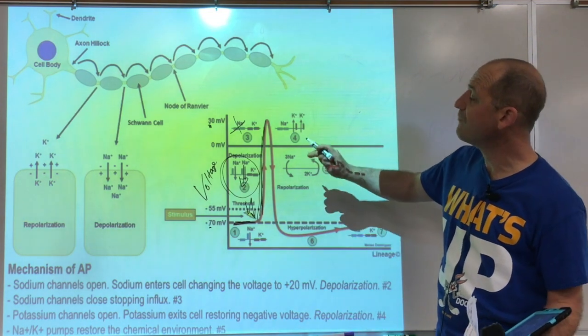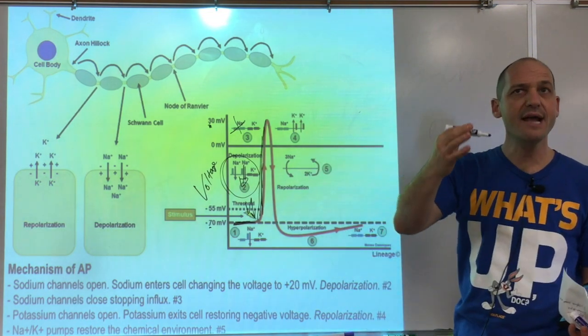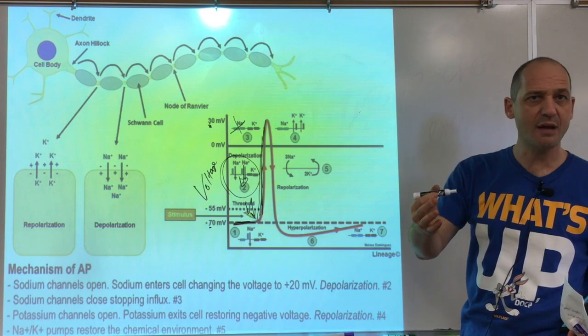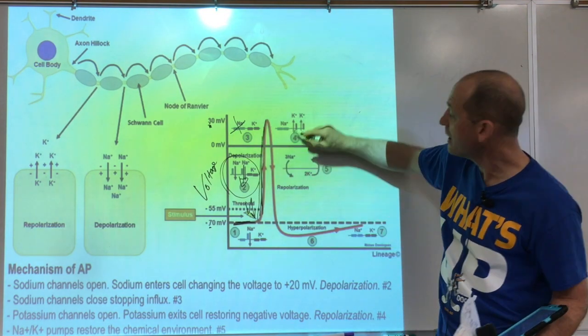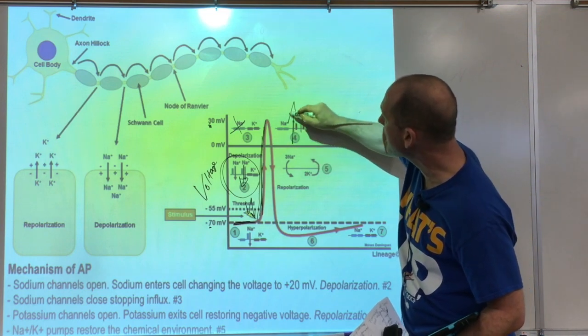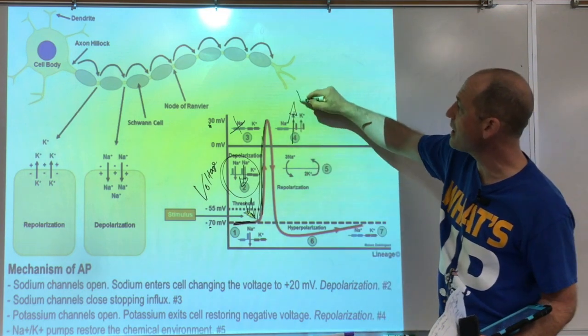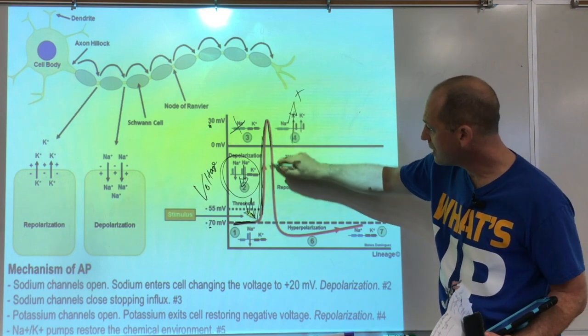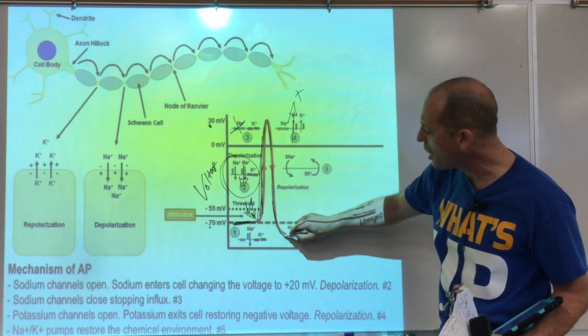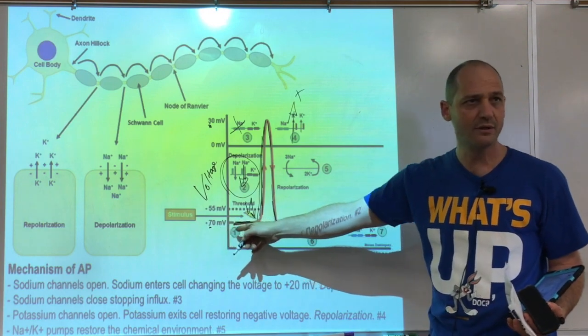And then voltage-gated potassium channels. That means the change in voltage opens those potassium channels automatically, and then potassium flows from the inside of the cell to the outside, carrying that positive charge, dropping the intracellular voltage down below even negative 70.